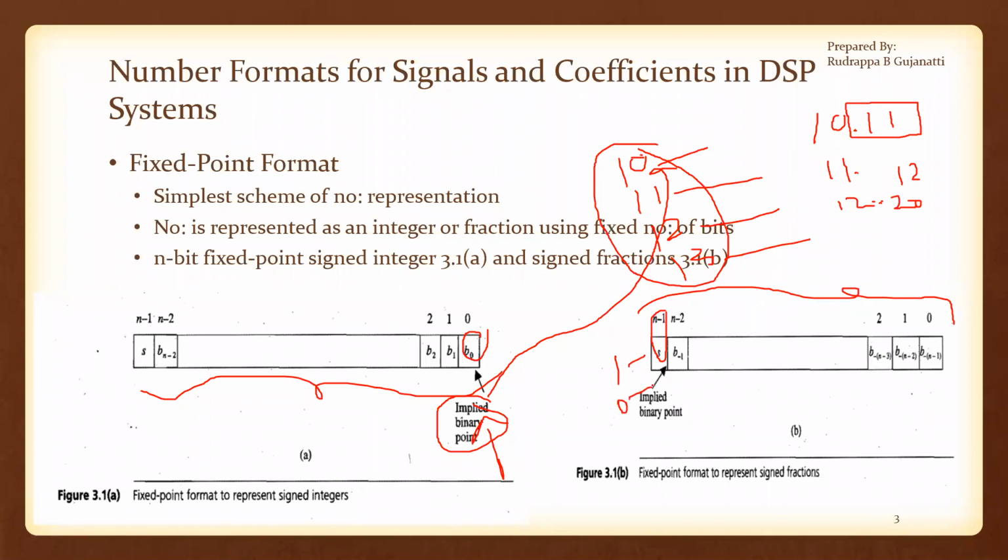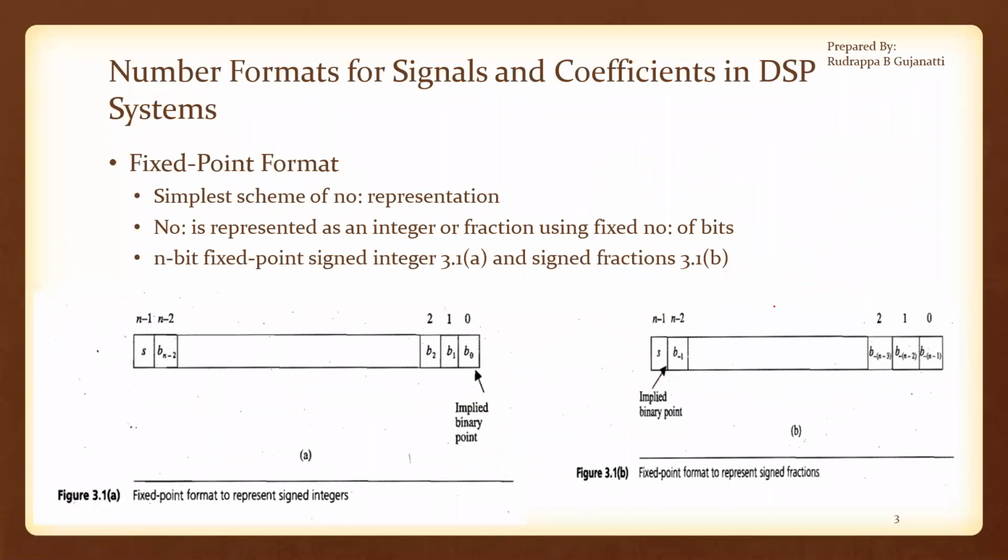If it is 0, it is positive. And here you can see that these bits give me the information regarding the fractional part. Here, one thing to note down is, the implied binary point is at the first bit after the decimal.